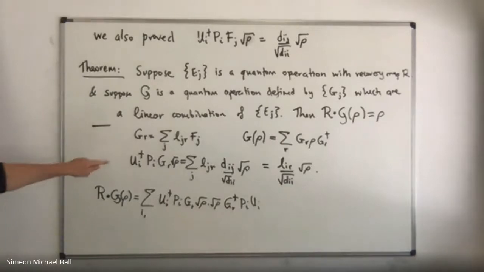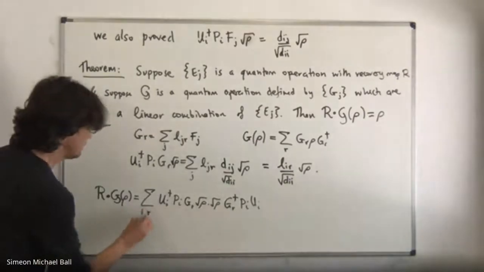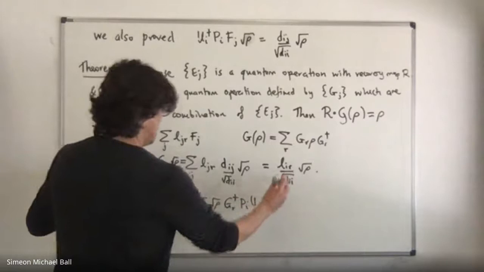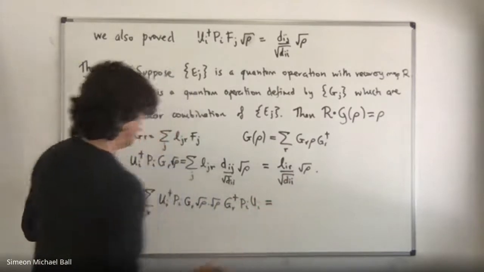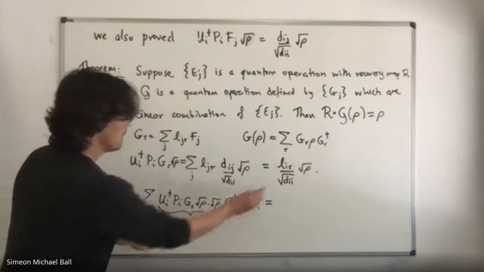And so now we can just substitute it here. This is the sum over I and R. So here we have all of this, that's just that.